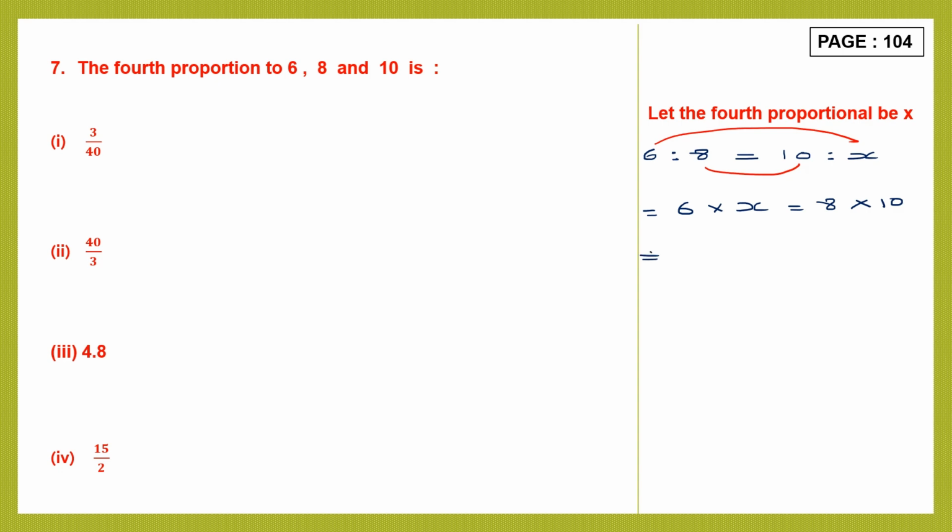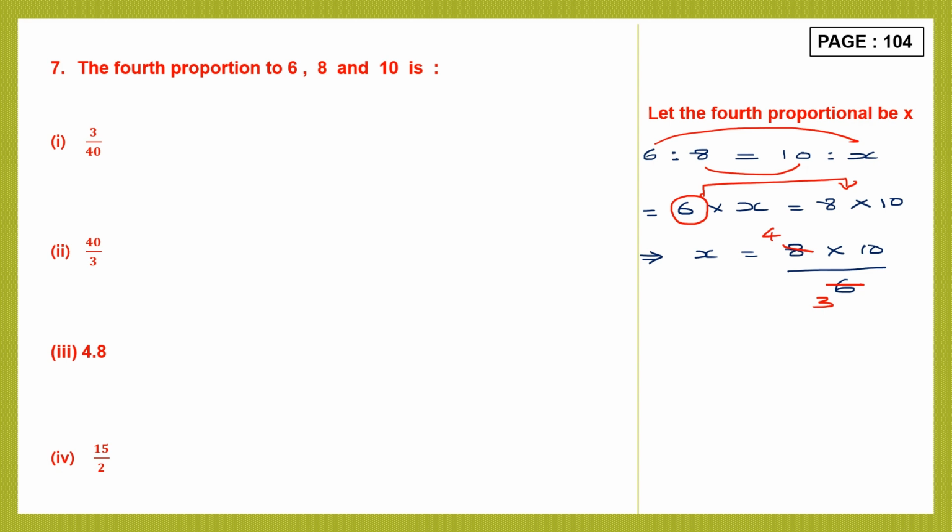Now to find the value of x, we're going to say 8 into 10 as it is. Now we're going to transpose the 6 to the other side. Because it's multiplication, when we take it to the other side, it becomes division. So now here we have 8 into 10 by 6. We can cancel. Let's see what we can cancel. I can cancel 6 and 8 or 6 and 10. So here 2 3s are 6 and here 2 4s are 8.